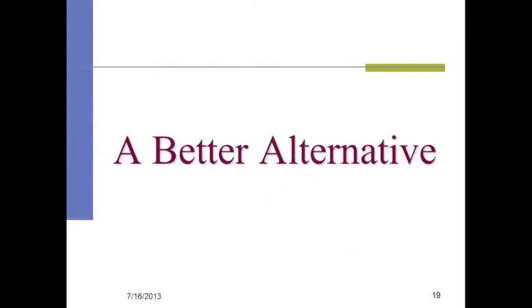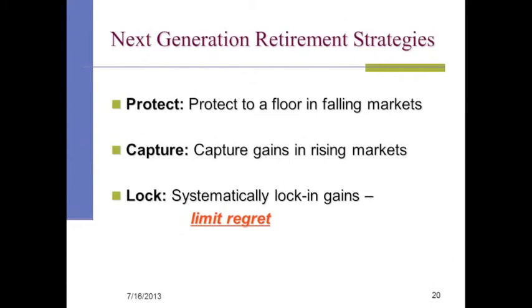Okay, thank you. All right, so let us introduce what we feel is a better alternative than the glide path, or one that certainly should be considered along with consideration of a glide path. We'll refer to this as next generation retirement strategies, and we're going to illustrate one which we think particularly has merit.